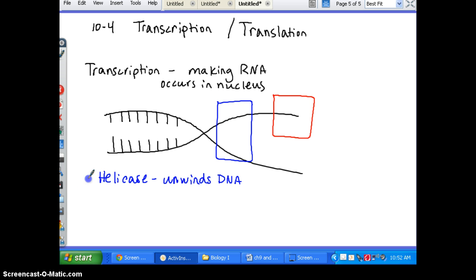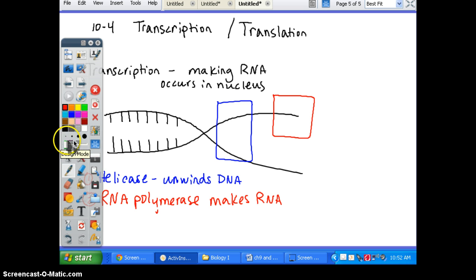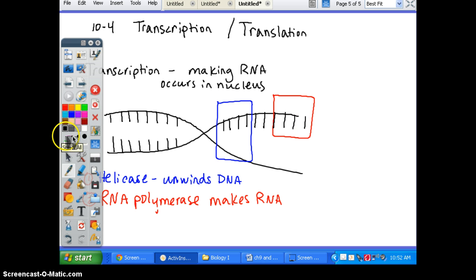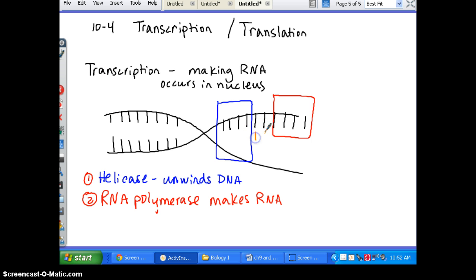RNA polymerase, that was 1, 2, sorry, RNA polymerase makes RNA. So, we have here these bases, and what we're going to end up having go across from them are RNA strands. And it's going to be one long RNA strand, a messenger RNA.